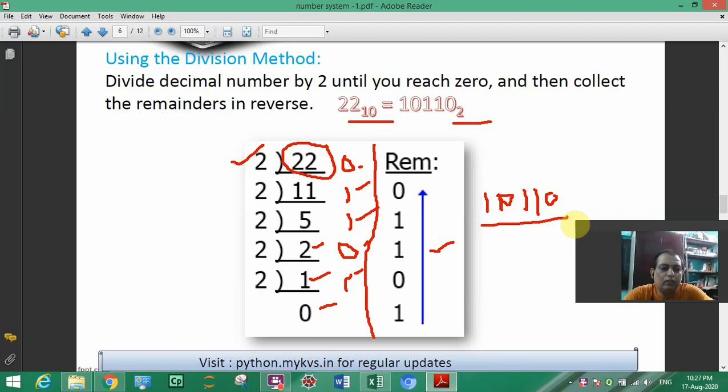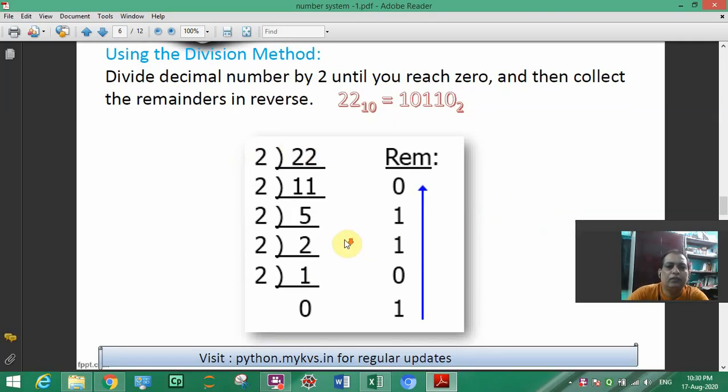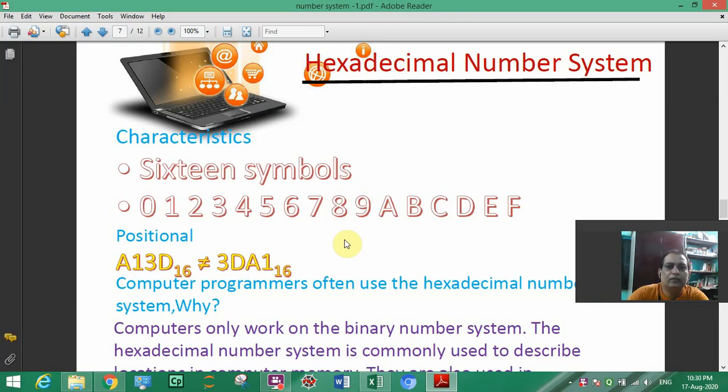In this way you can easily convert any number into the binary number system. Take any number and try to convert it into the binary number system.